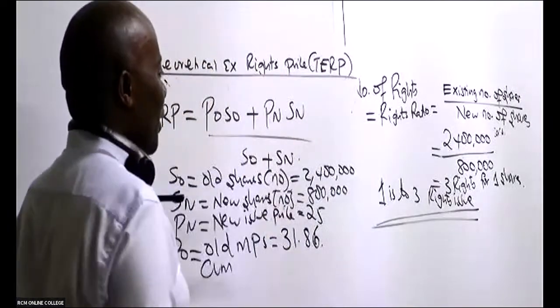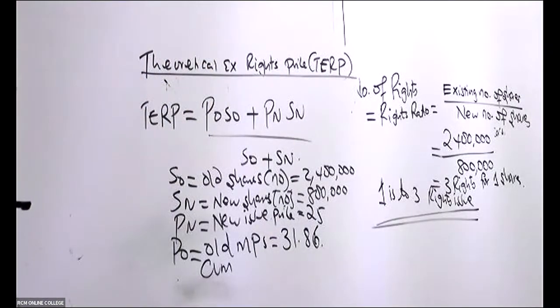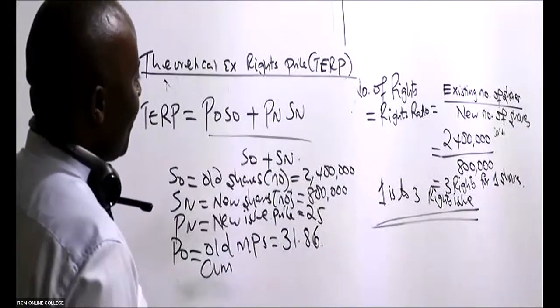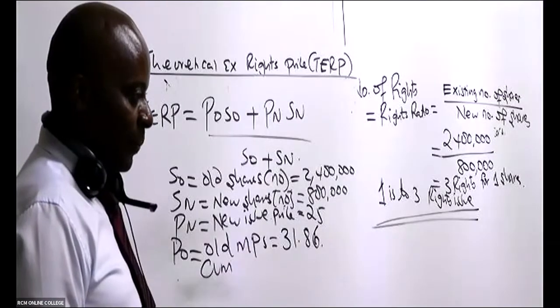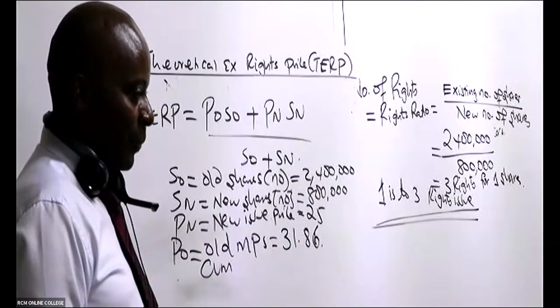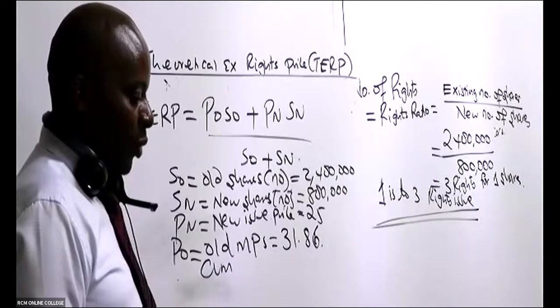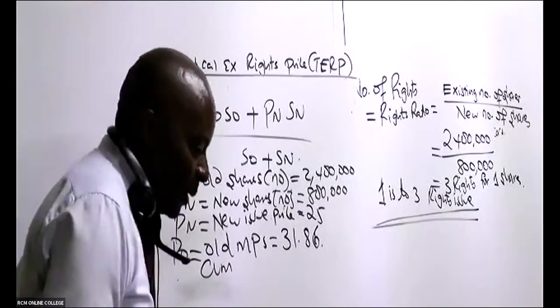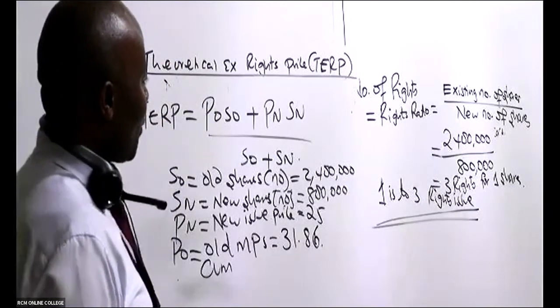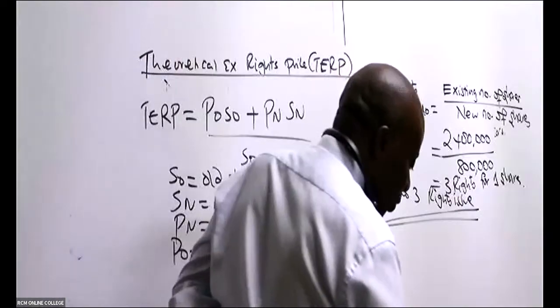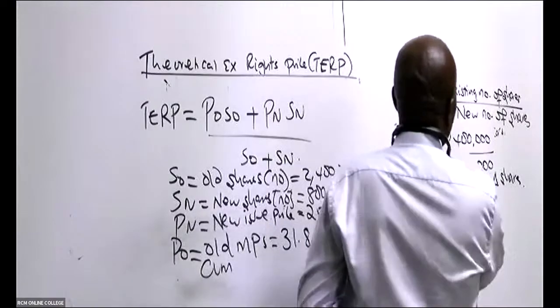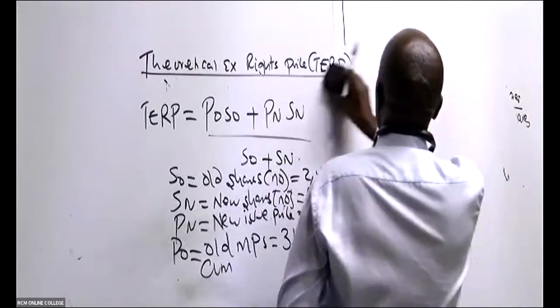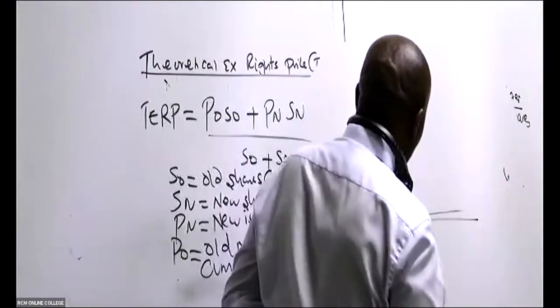Now substitute the theoretical ex-rights price. So now we are substituting like superstars.